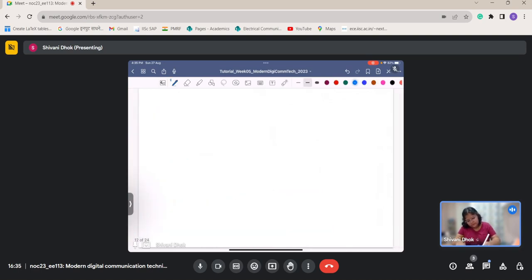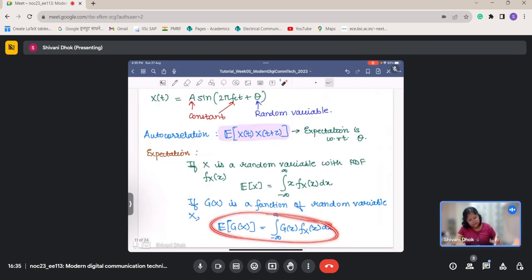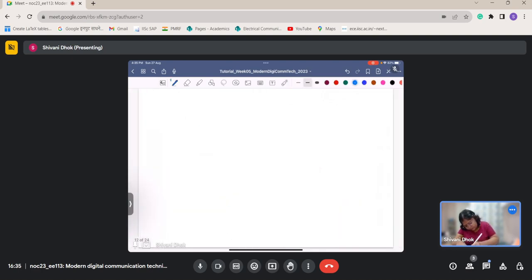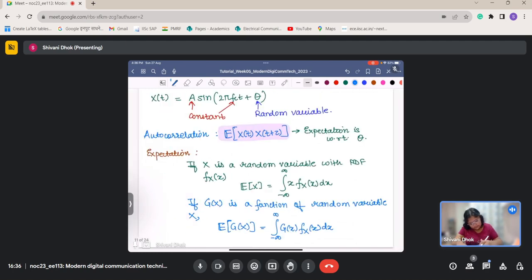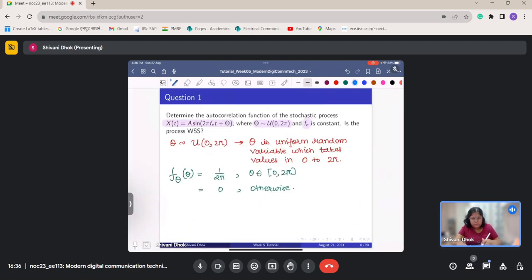Similar to this definition which I have written here, expectation of x of t into x of t plus tau will be simply the integral of f of theta theta into x of t plus tau d theta. Now this f of theta is basically 1 over 2 pi for the range 0 to 2 pi, otherwise it is 0.